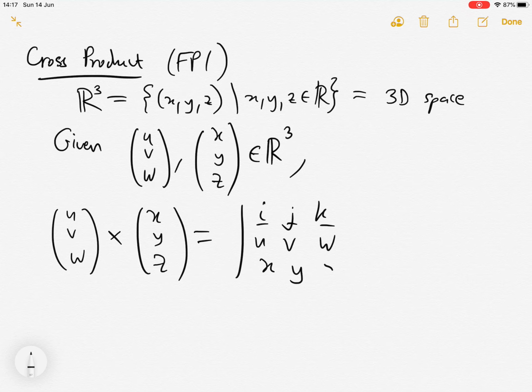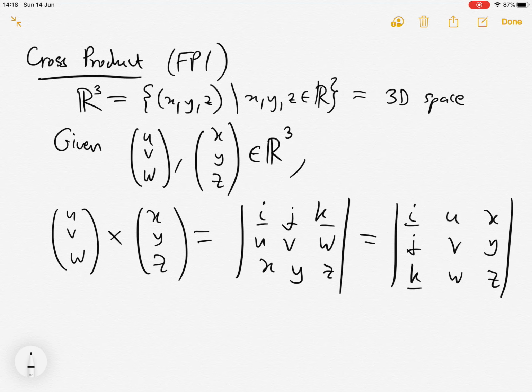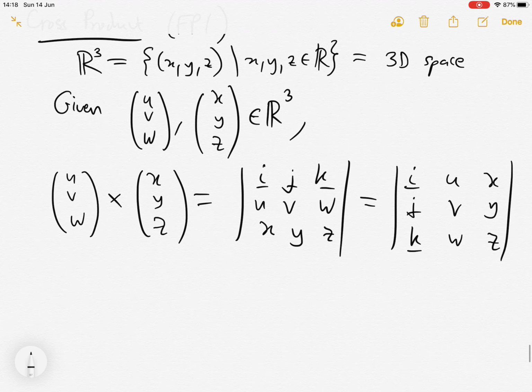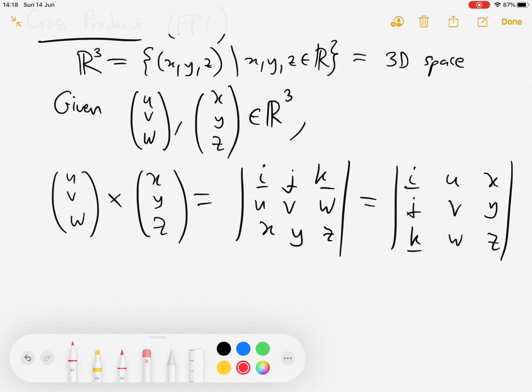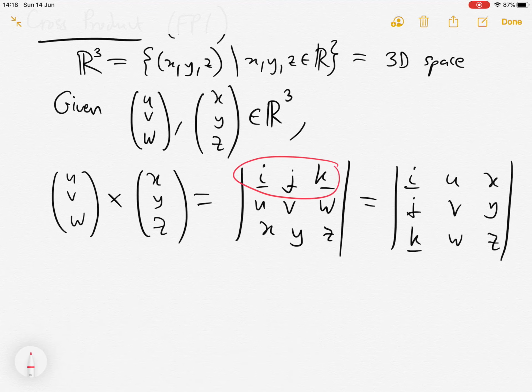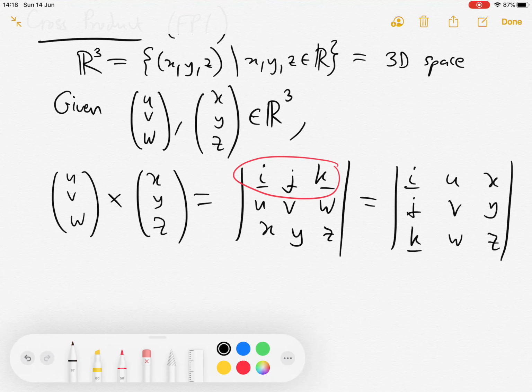So this is the same as we've seen before. We define it to be this determinant, or this is also the same, it so happens, as this. Okay, so let's take either of these determinants and expand along the row or column involving i, j, k.